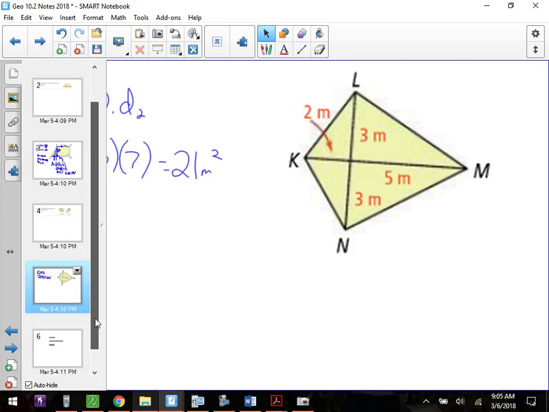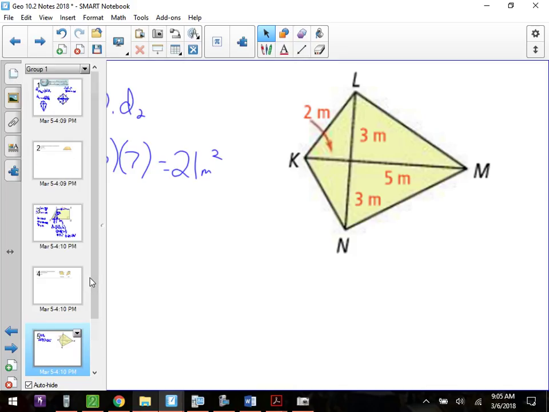All right. So what we're going to do here is I have 2 sets of problems out of the text. One from 10.1 and one from 10.2.